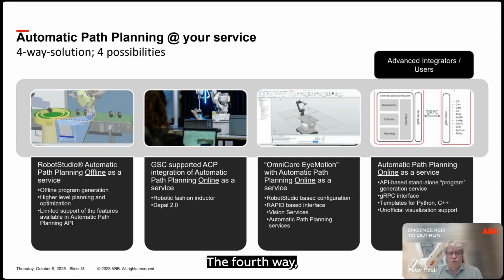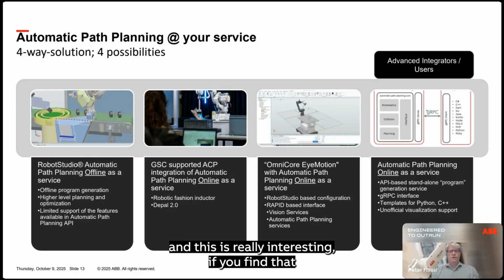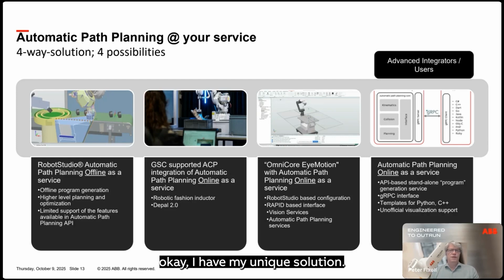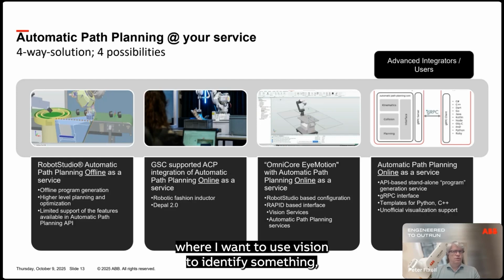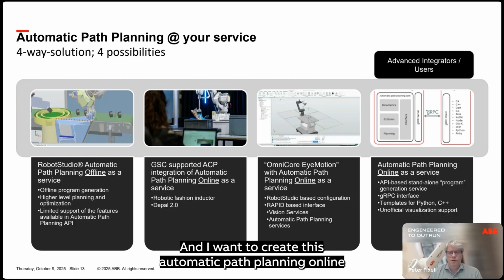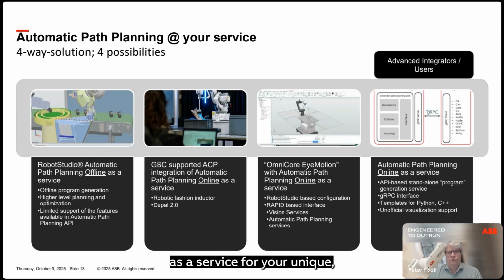And the fourth way, and this is really interesting, if you find that, okay, I have my unique solution, I really want to do I have an unknown, unstructured environment where I want to use vision to identify something, or I want to use some other means of identifying an object, and I want to create this automatic path planning online as a service for your unique specified product.